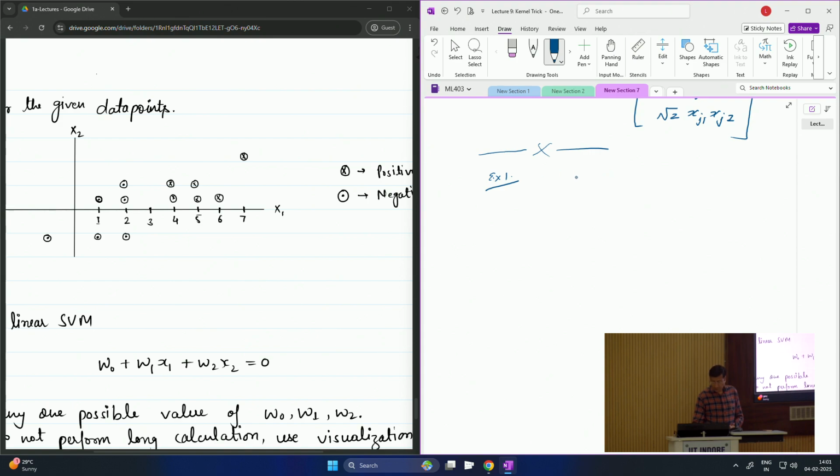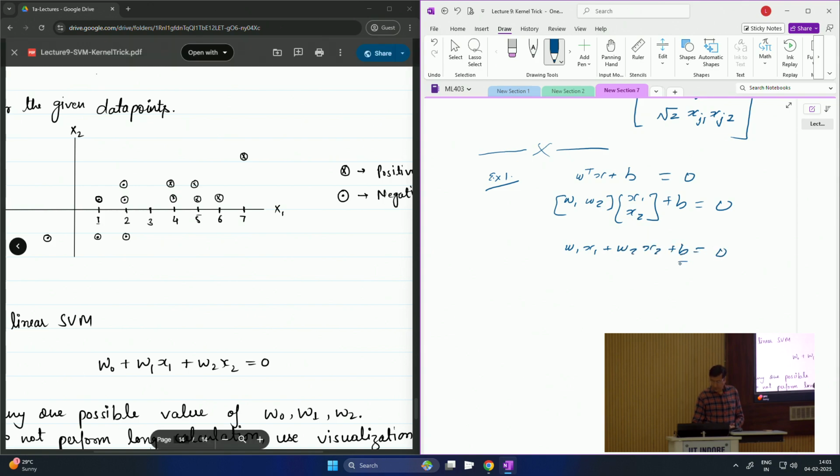Your hyperplane is of the type W transpose X plus B, or in a 2-dimensional case, W1, W2 times X1, X2 plus B equal to 0, or W1 X1 plus W2 X2 plus B equal to 0. Here W is replaced as W naught, that's the only difference. So what will be your ideal hyperplane for this?